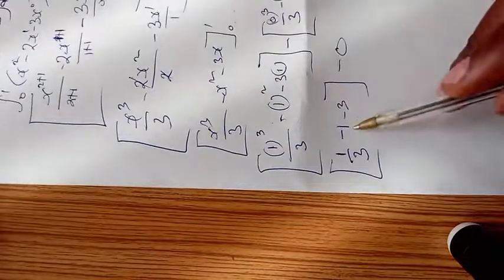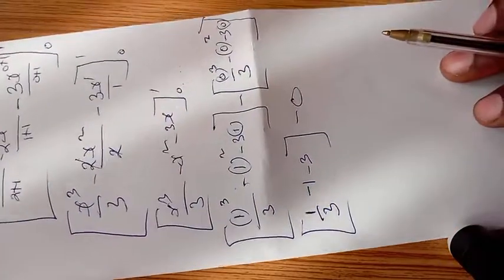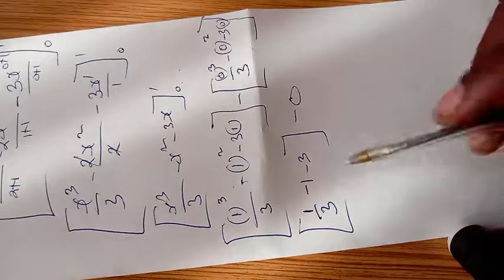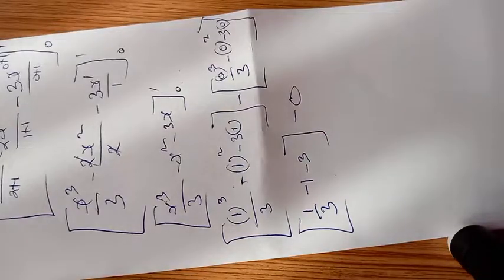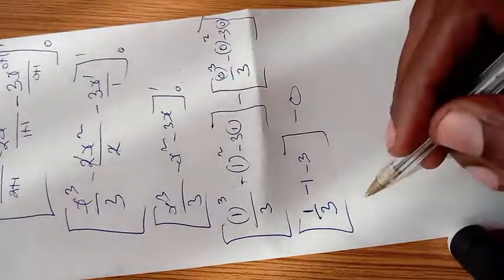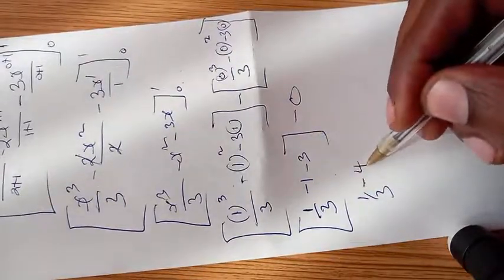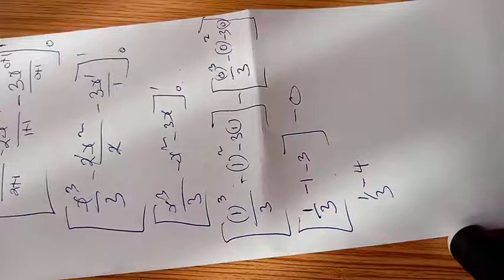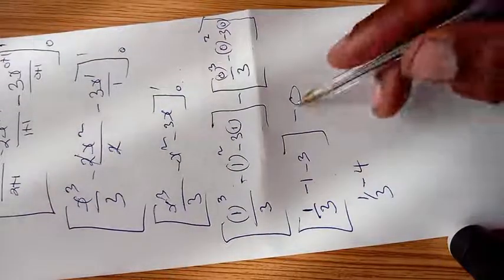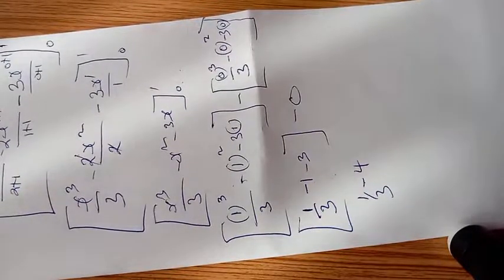So it means we need to simplify this side. 1 over 3 minus 1 minus 3. Negative 1 minus 3 is negative 4. Then minus 0, we won't even write it because it will still be 0.